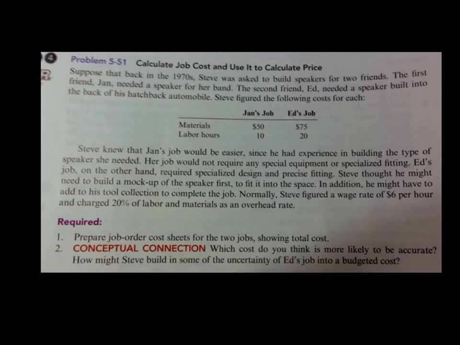I highlighted in yellow the two new things I added in the spreadsheet, the direct labor cost and the overhead, which were omitted from this right here. And also, I highlighted in blue the original and part 1 so you could see the comparison and get the total cost for the job order cost sheets right here.